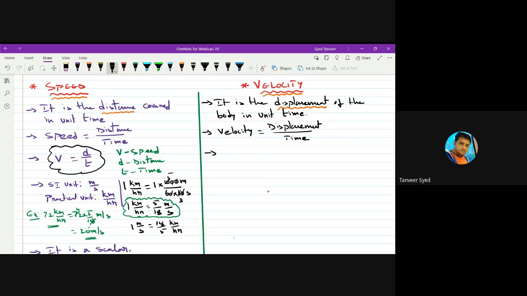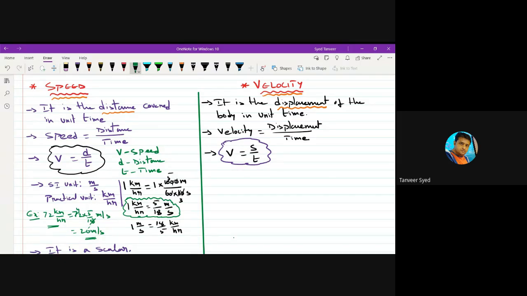And the standard symbols that we use to represent velocity: velocity is represented by V, displacement by S, and time by T. It is V, not V bar. If you want, you can say vector V or V vector.